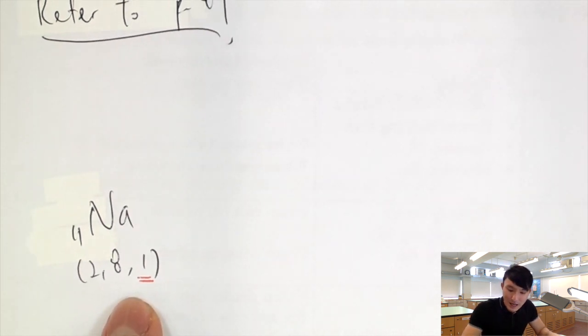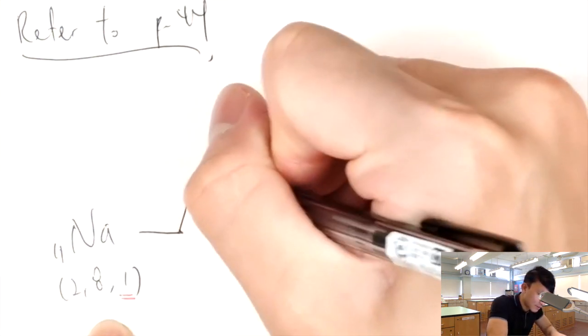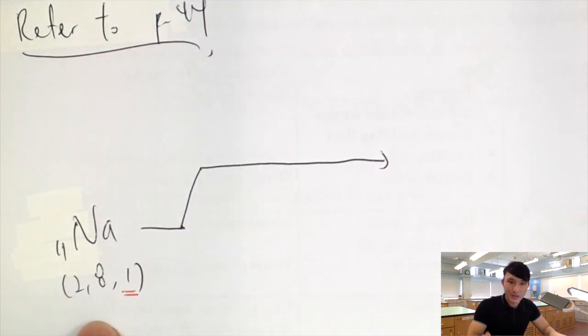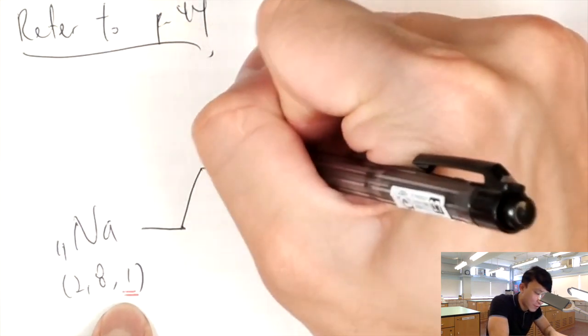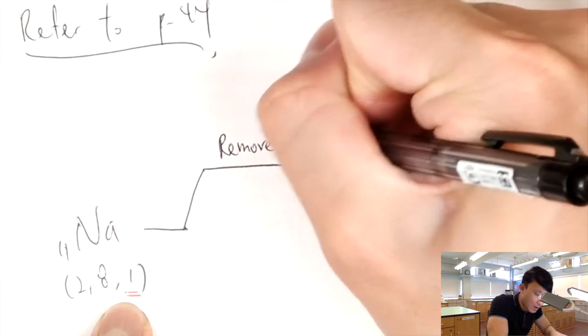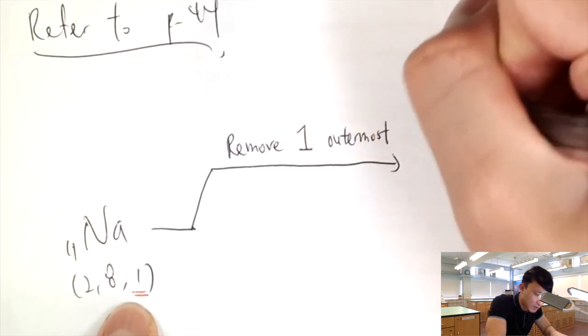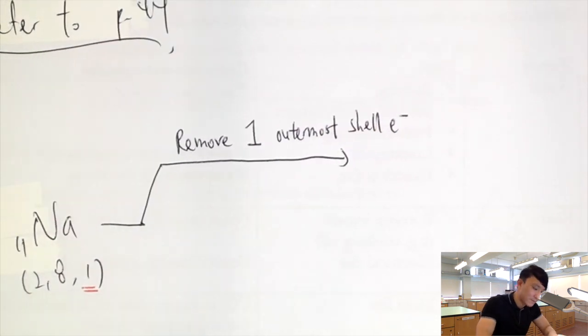It can either lose an electron, because if there is an electron here, it can remove one outermost shell electron.